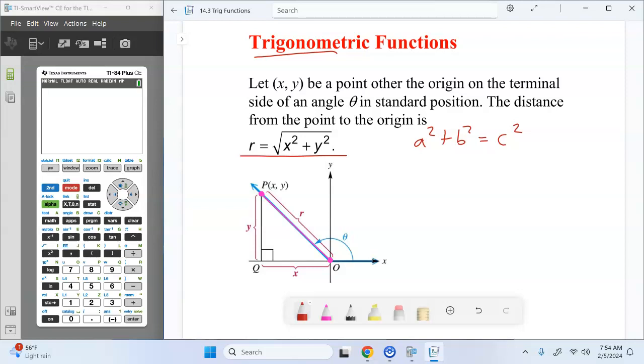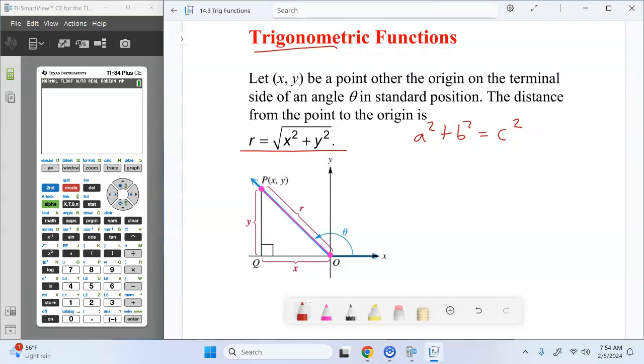A and b represent the 2 non-hypotenuse sides, the 2 legs. Instead of a and b, we could just have x and y: x squared plus y squared. And instead of c, we use r to represent radius, like the radius of a circle. If I want to solve for r and isolate it, how do I get rid of a square? Square root it. That's where the formula comes from. It just comes from the Pythagorean theorem.